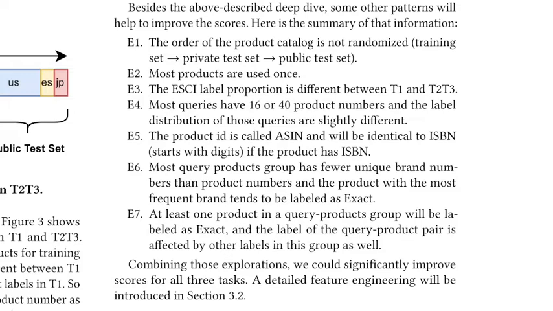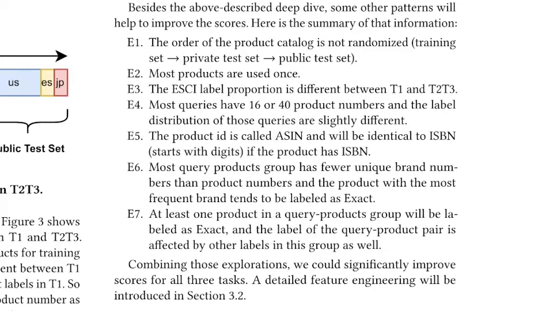The product ID is called ASIN and will be identical to ISBN, which starts with digits, if the product has an ISBN. ISBN products are published content, for example, books or movies. So we designed a feature to check whether the product ID is an ASIN or an ISBN.